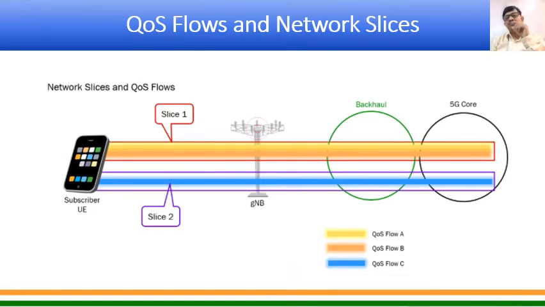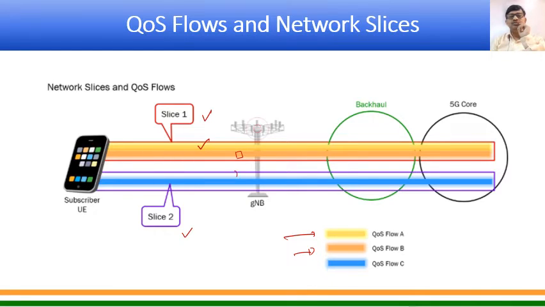Now suppose there are one or two network slices. In this example we are showing end-to-end two slices, slice 1 and slice 2. In slice 1 there are two quality of service flows, QoS flow A and this slightly darker color which you see here is QoS flow B. So that means one network slice may support more than one quality of service flow.